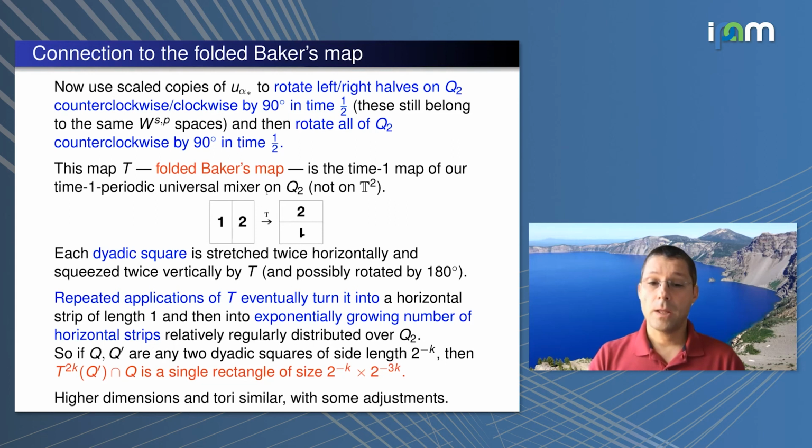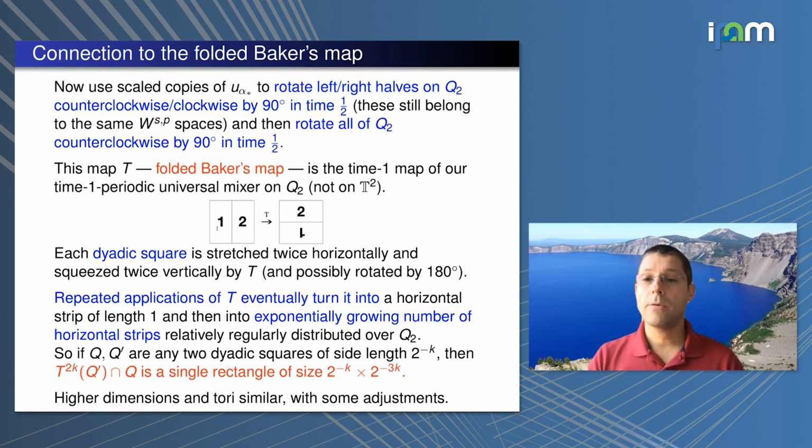And the nice thing that it does is that when you take a dyadic square inside this big square, what happens to it is exactly the same that happens to these two rectangles. It gets squished by a factor of 2 from top to bottom and gets stretched from left to right by a factor of 2. And so the square turns into a narrower, longer rectangle.